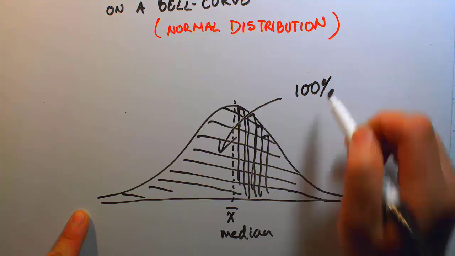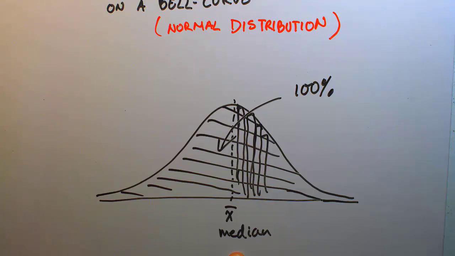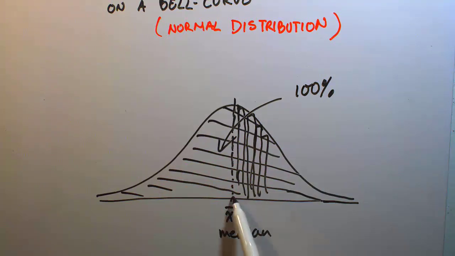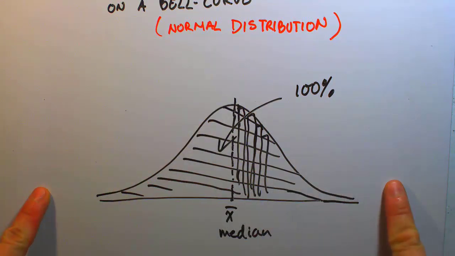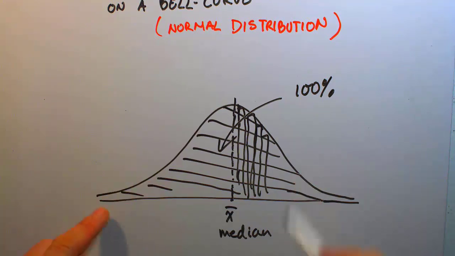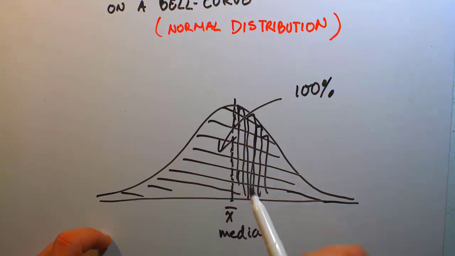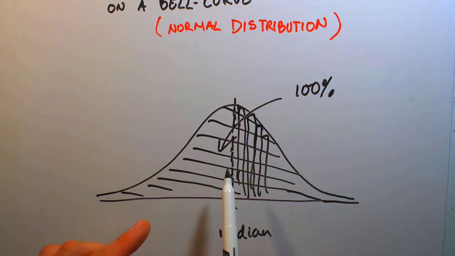That connects with the concept of the median, because remember we studied that the median is a cutting value that divides the area into two equal halves. So isn't it perfectly convincing that the median is right here? Since our shape is perfectly symmetric, this spot where I just called the mean is also the cutting value that divides the shading, the amount of data graphically, into two equal halves.